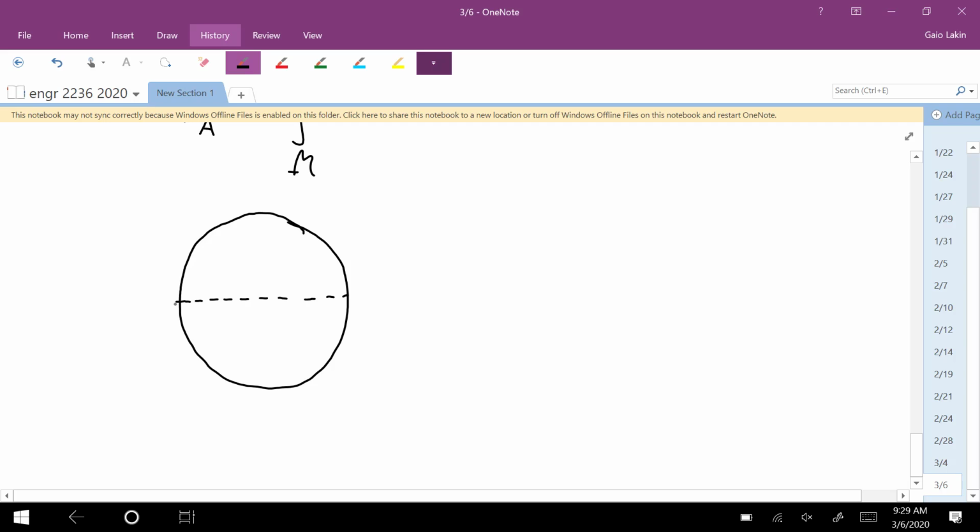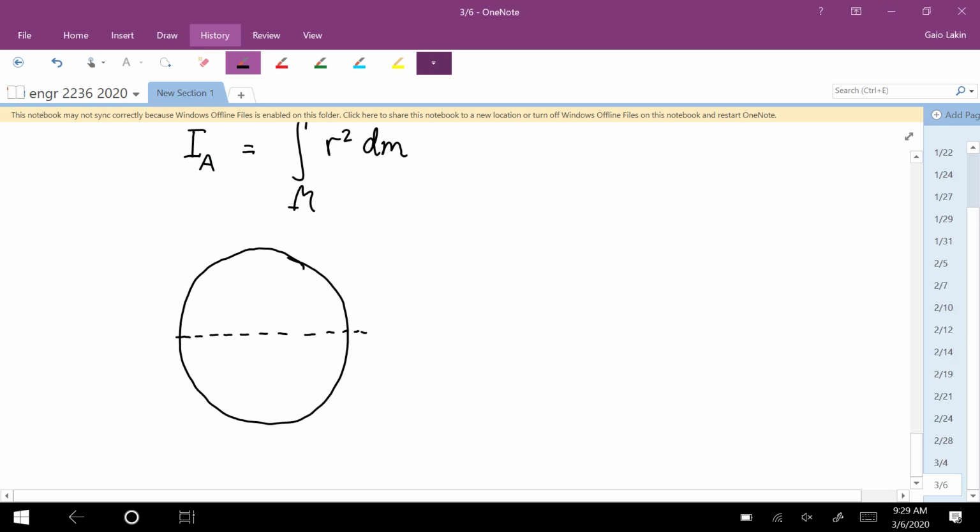And this is our axis of rotation. And so, well, again, let's calculate it. Let's do everything in terms of area and positions.